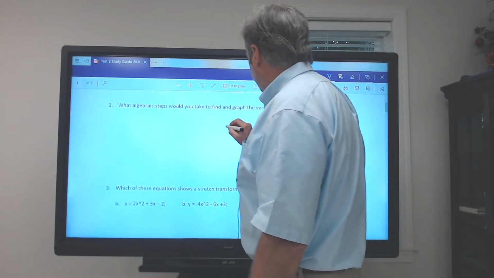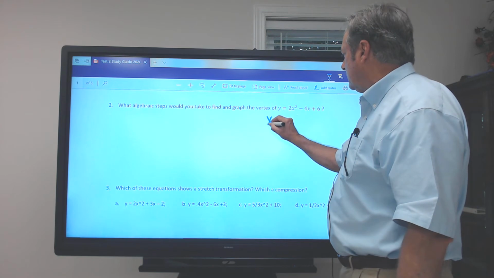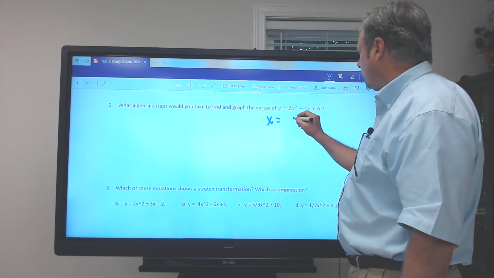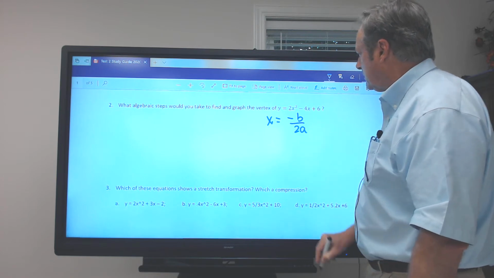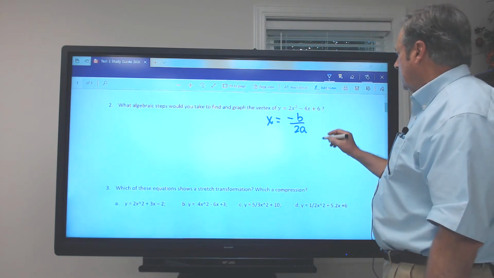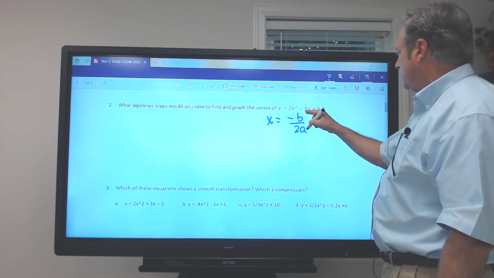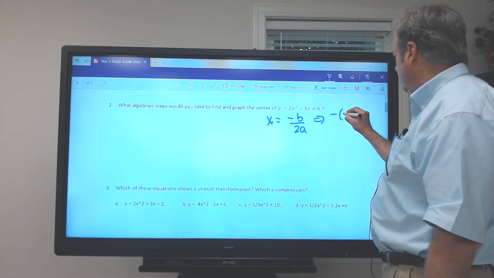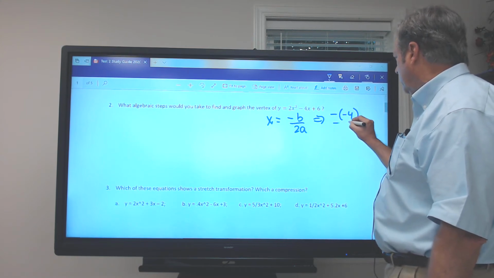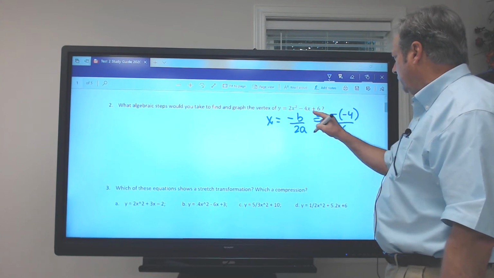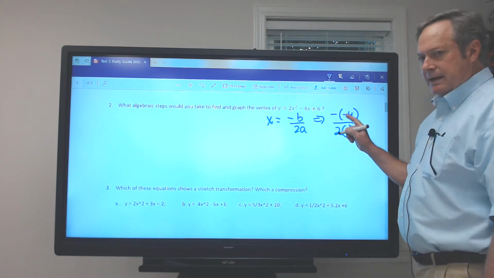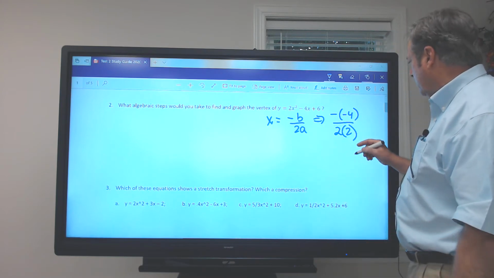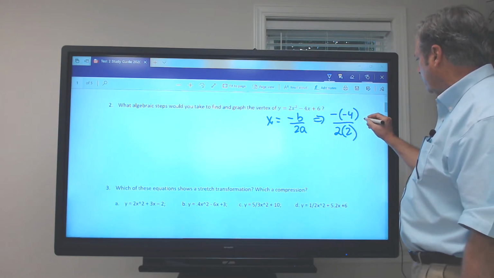The very first step will be to find the axis of symmetry, which is negative b over 2a. My b number is negative 4, so it's going to be negative 4 over 2 times my a number, which is 2.